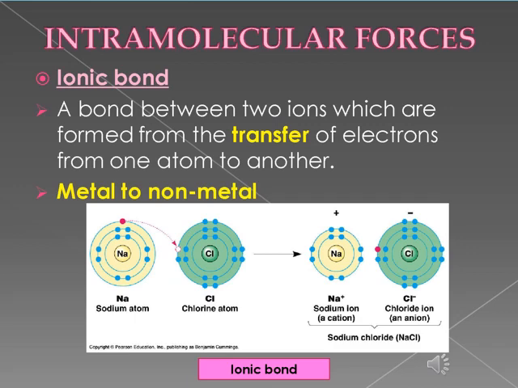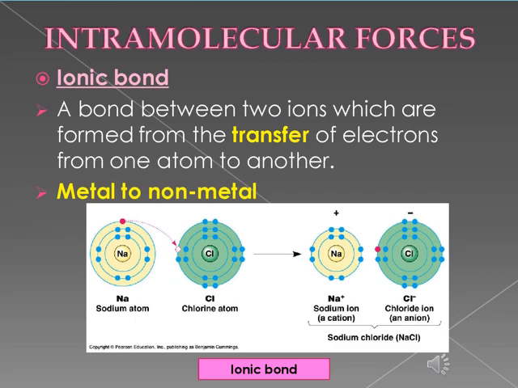Next, we look at the second type of intramolecular force, which is ionic bond. An ionic bond is a bond between two ions which are formed from the transfer of electrons from one atom to another atom. Please remember that ionic bond happens when the transfer of electrons comes from a metal atom to a non-metal atom. For example, sodium chloride, which consists of sodium atom and chlorine atom.